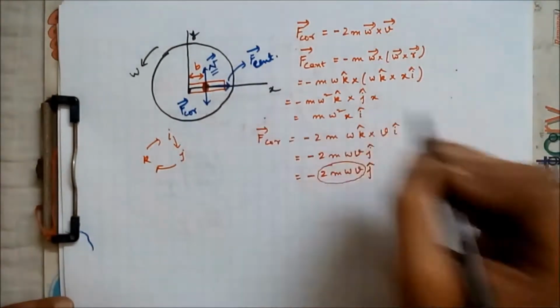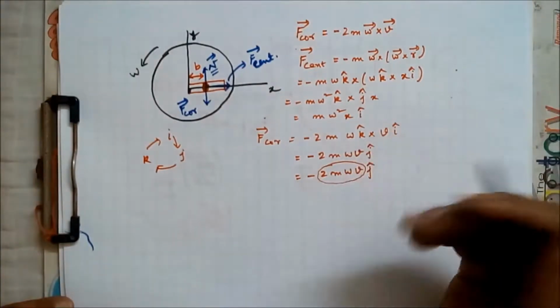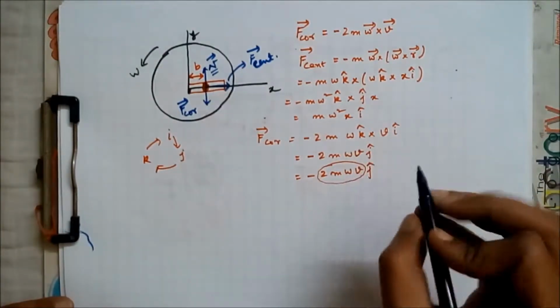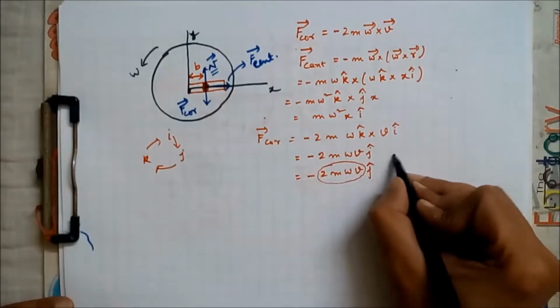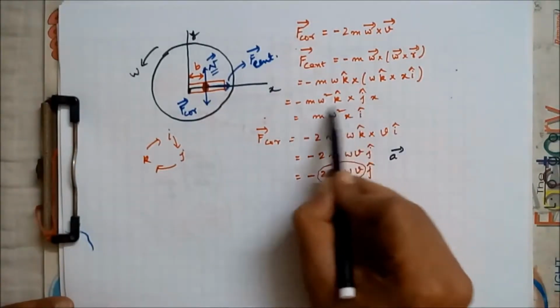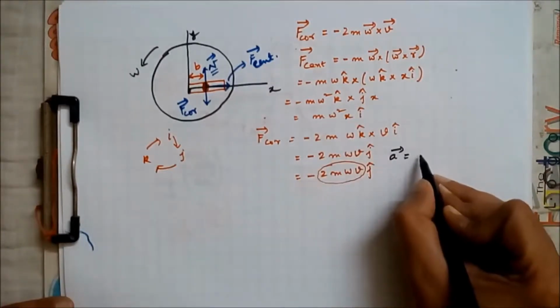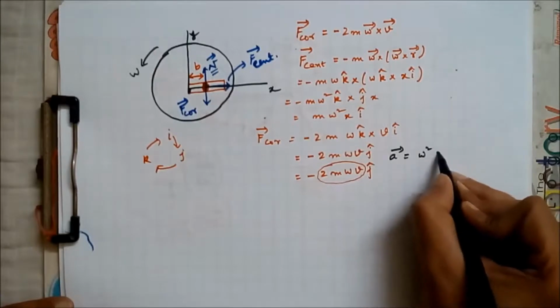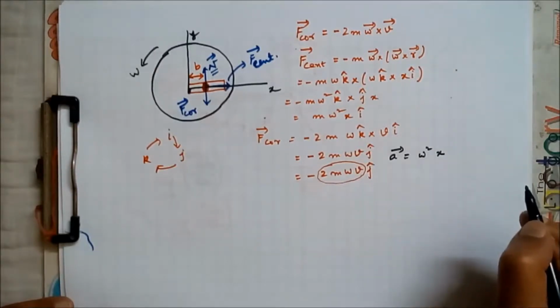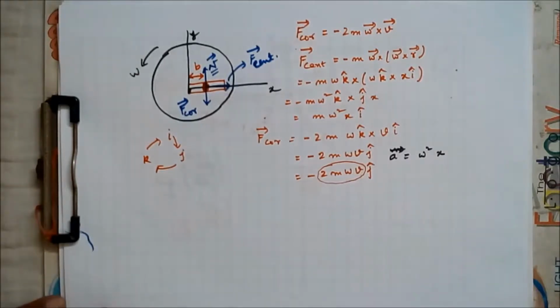So only the centrifugal force has any bearing on the motion of the particle. So the acceleration then, only this force being the significant force, the acceleration of the particle is just omega squared x. Let me just say that the magnitude of the acceleration is omega squared x.